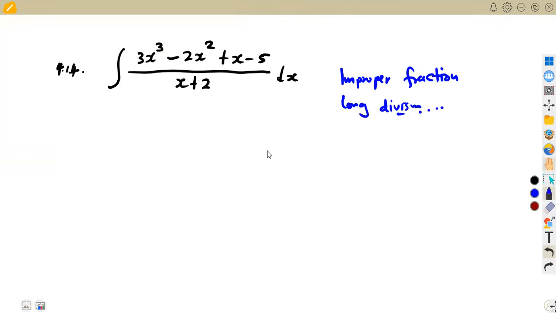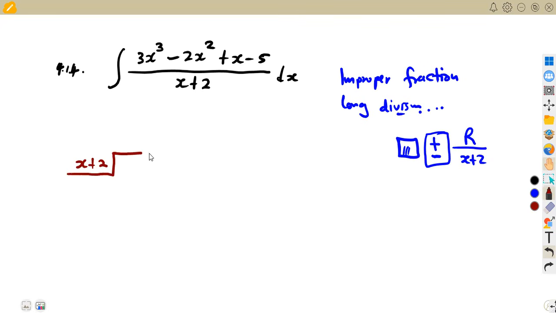In this case, you're supposed to divide so that you obtain the exact term plus the remainder over what was dividing in this case, which is x plus 2. So that is the condition. Here we can have plus the remainder, or it can be minus depending on what you're going to obtain. So this is the exact term that you're going to obtain after dividing. So here we are going to divide. So let us apply our long division.